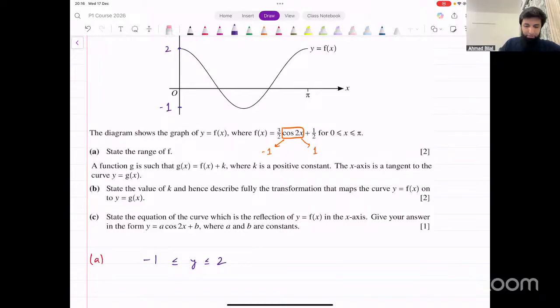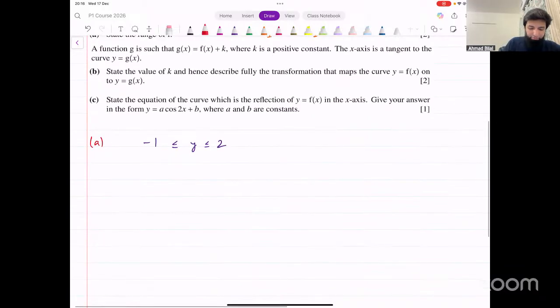Okay, let's look at part B now. It says a function g is such that g of x is equal to f of x plus k, where k is a positive constant.